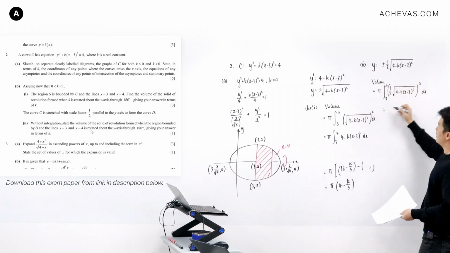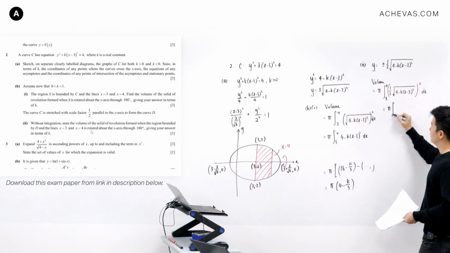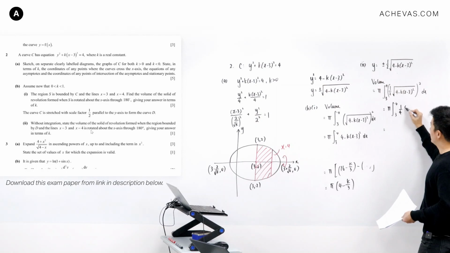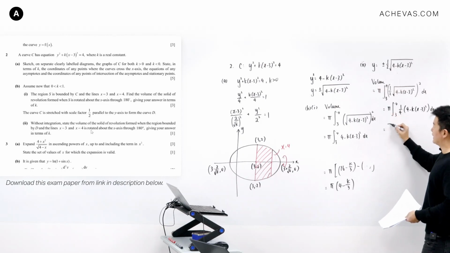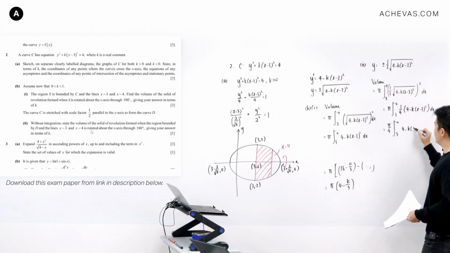So if I were to square this, I will have pi, 3 to 4, half squared. It will give me 1/4, which I'm going to take out. And I'll have 4 minus k x minus 3 squared, dx.